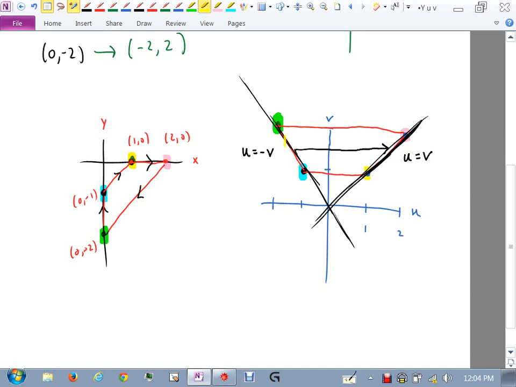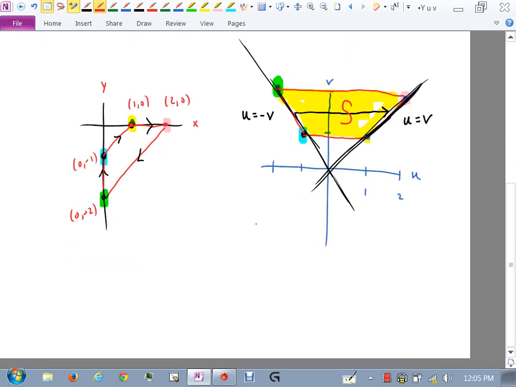And in our region here, S, that's our region S now, we have restrictions on the v, right? The v is between two constants. And our u is between two functions of v. So this is not a rectangle in the UV plane. It's type 2. That's okay.